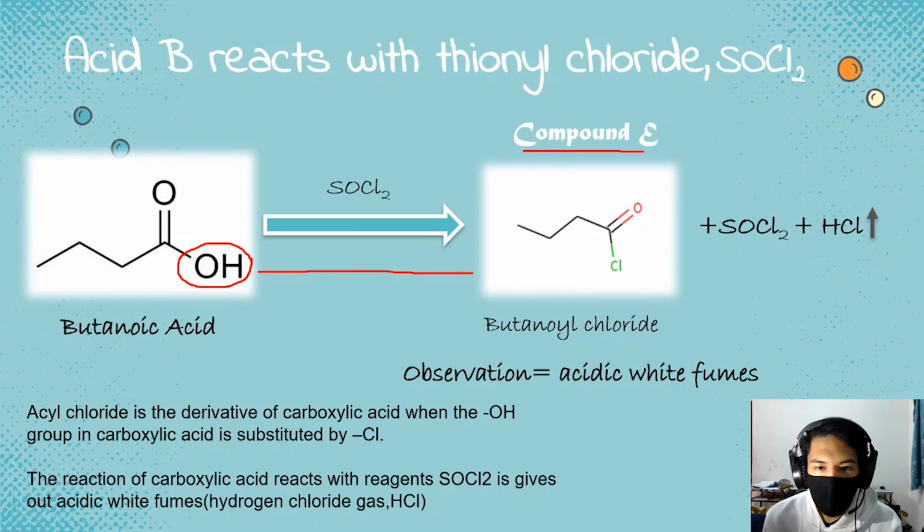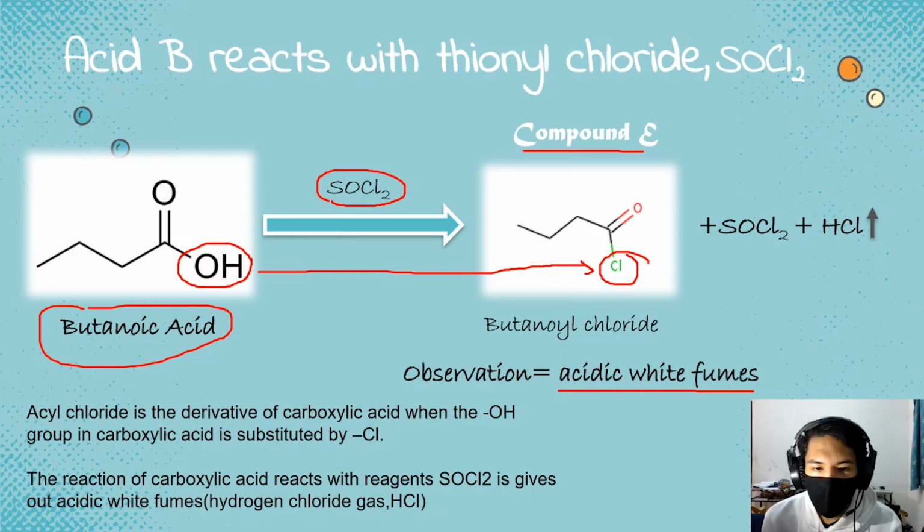The reaction of butanoic acid, or carboxylic acid, with the reagent SOCl2, thionyl chloride, is one of the chemical tests of carboxylic acid, as the reaction gives off acidic white fumes. So the observation of the acid reacting with thionyl chloride is acidic white fumes, that is hydrogen chloride gas. Okay, that is how compound E can be produced.